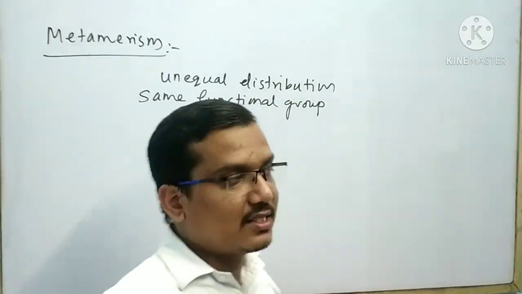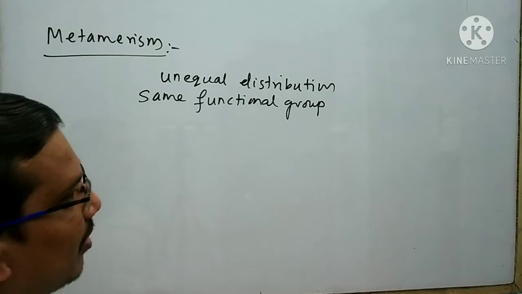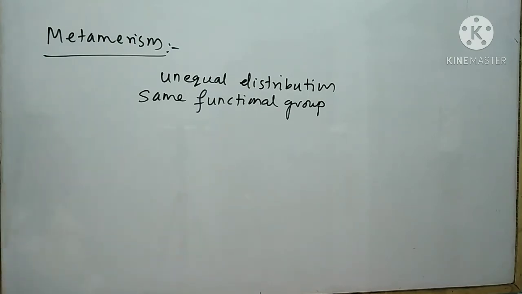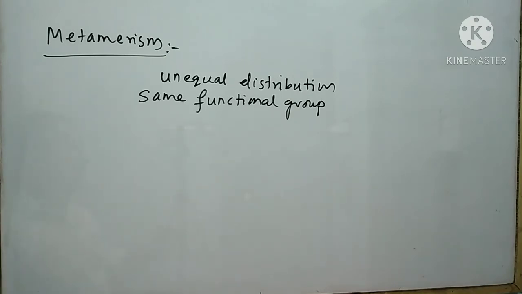This is known as metamerism, and the compounds exhibiting metamerism are called metamers. In this type of isomerism, remember an important point: same functional group, same class, but different distribution of carbon atoms on either side of the functional group.